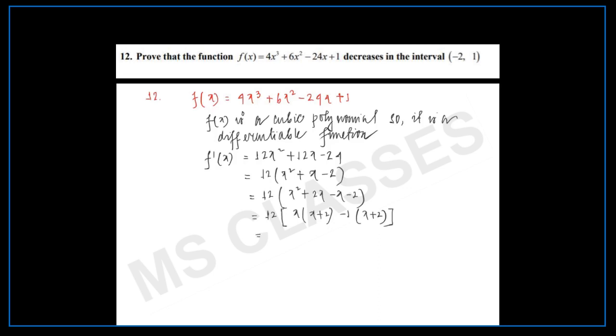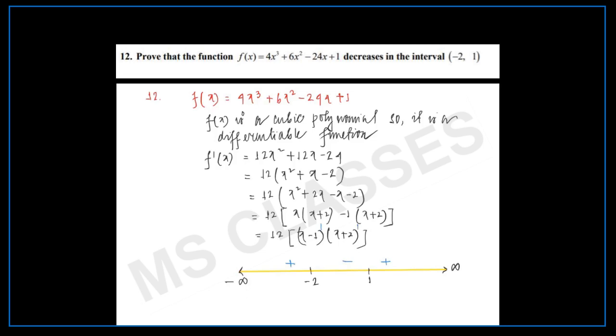Now this gives us what? 12 times x minus 1 into x plus 2. Now we take a number line, minus infinity to plus infinity, with minus 2 and 1, plus or odd sign changes.